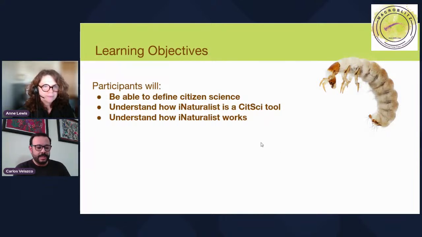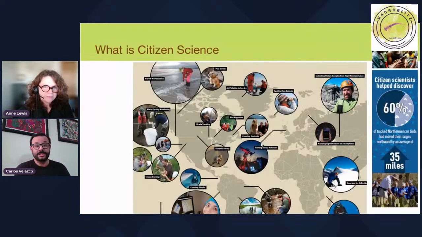Within this part, we'll be talking a little bit more about citizen science and what it is, so we can all be familiar with these terms. We should also understand how iNaturalist is a citizen science tool, and finally, we're going to learn a little bit more, I promise it's just a little bit more, about how iNaturalist actually works for all of us. This will allow us to explore the macroinvertebrate universe.